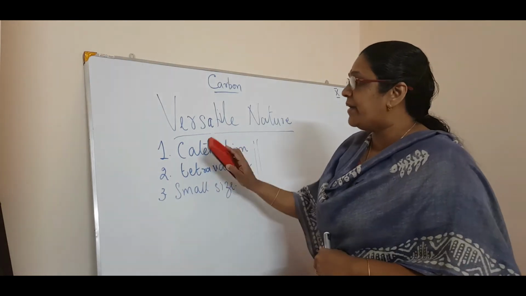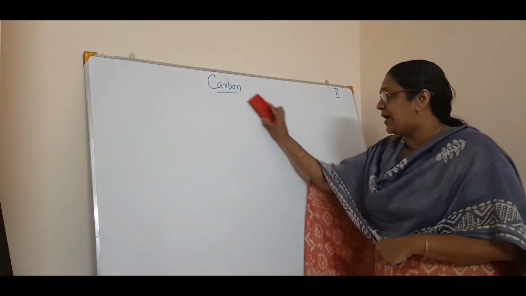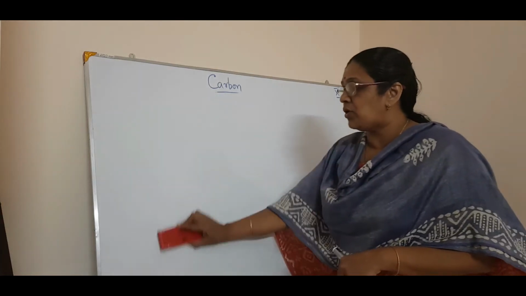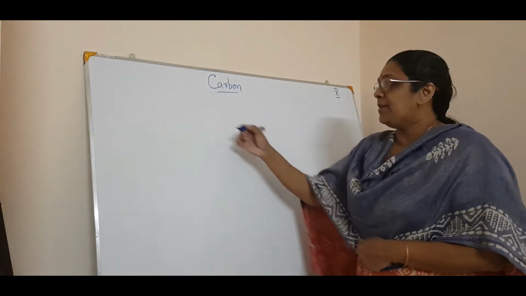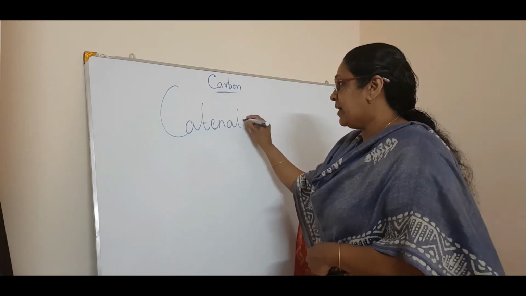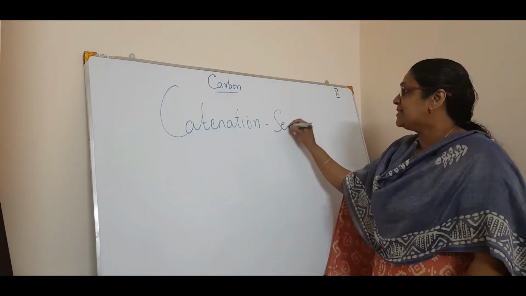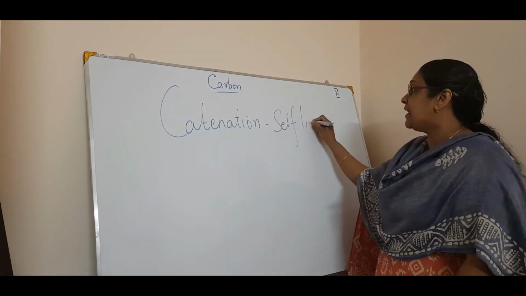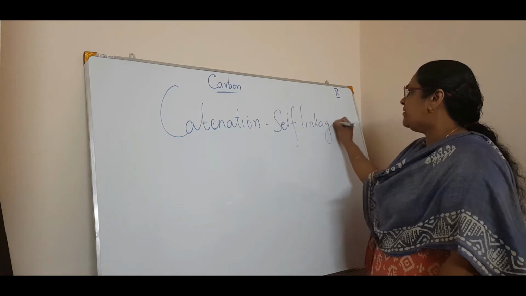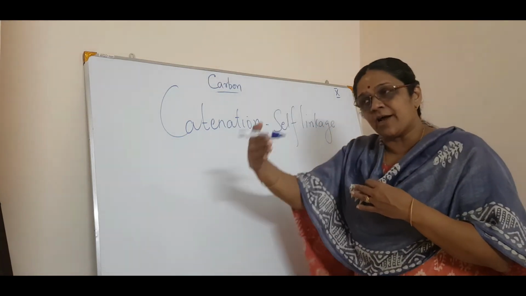Now we will see them one by one. And the important one is catenation. What is catenation? In one word I can say it is called self-linkage. What do you mean by self-linkage? Self means carbon, carbon, carbon, carbon.